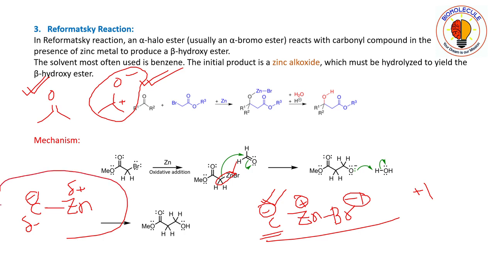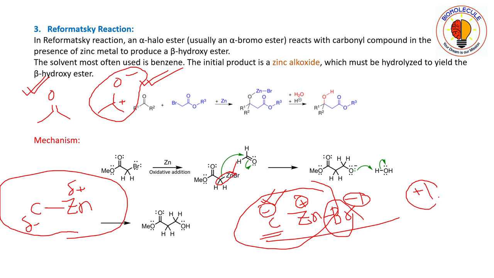Similarly here also the same thing is happening. This C minus and Zn plus is just a theoretical concept. Actually this will be C del minus and Zn del plus. So because of this bromine atom, zinc will have at least plus 1 oxidation state, and because this carbon has del minus charge, the oxidation state of zinc cannot exceed 2.